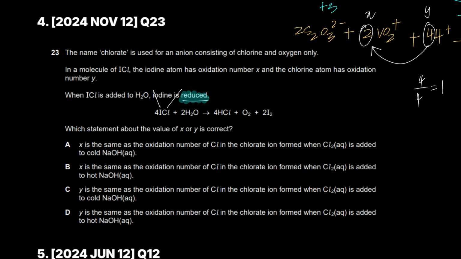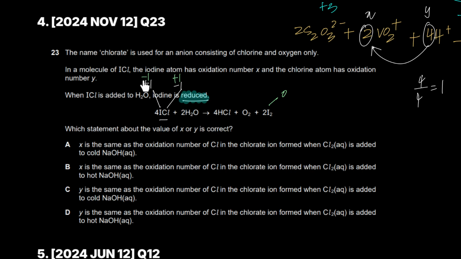What this means is, in this particular molecule, either this would be +1 and this would be -1, or this would be -1 and this would be +1. I know that I2 here is in its pure elemental state, so it's 0. Now, if you look at the I, he's saying it's being reduced. What that means is, did it go from +1 to 0 or -1 to 0? If it were -1, it would have been called that iodine is oxidized.